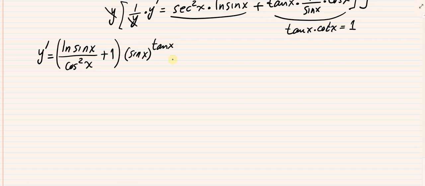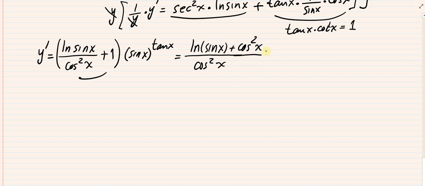We can get the LCD here, cosine squared x. So this is going to be simply natural log of sine x plus cosine squared x, that times sine x to the tan x. There. So that's how that's going to come out.